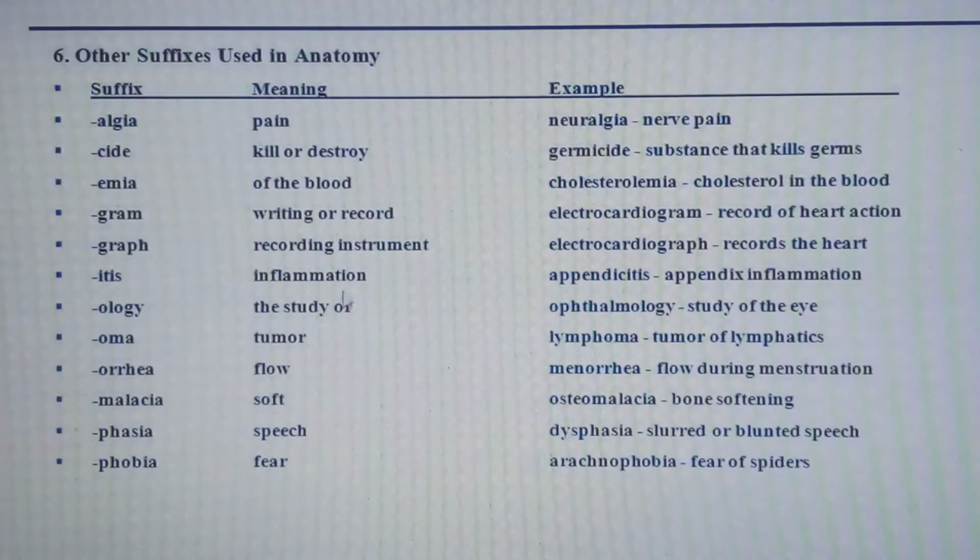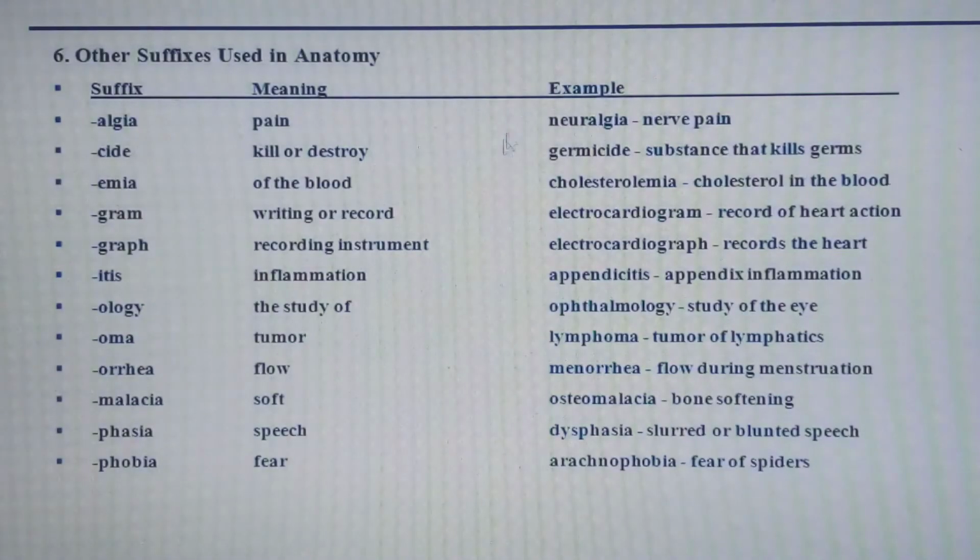Then itis has to do with inflammation, as you said. Ology means studying. Oma has to do with tumor. Rrhea has to do with flow, like menorrhea, hypermenorrhea. Malacia has to do with soft, so malacia is opposite to sclerosis. Phasia has to do with speech, and phobia has to do with fear.